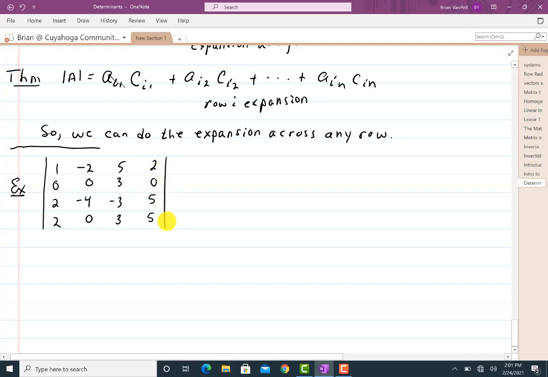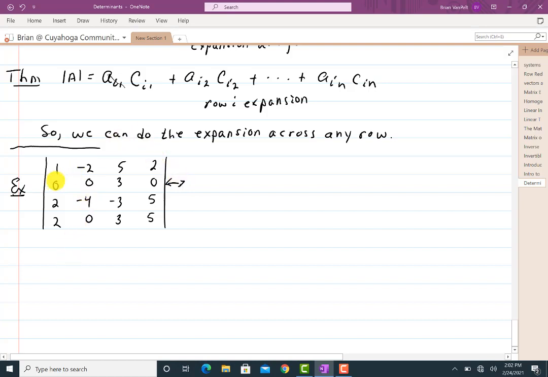Now as I'm scanning this, I noticed that row 2 has a lot of zeros. And whenever you have those zeros, that part of the determinant is going to just wipe out. So I'm going to work down here. And that way, if I work along this row, this will be my guy right here.